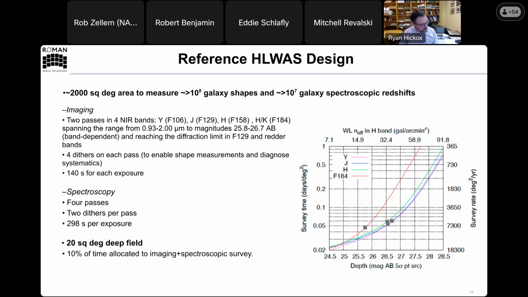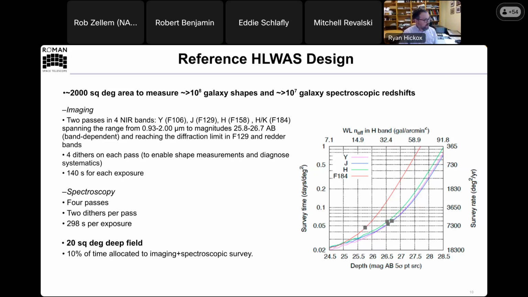In terms of imaging, the idea was to do 2 passes to be able to get multiple rolls, fully sample the PSF, etc. In 4 bands: the Y band, J band, H band, and H and K band. So going from around 1 to 2 microns and getting out to 26 to 27th magnitude.